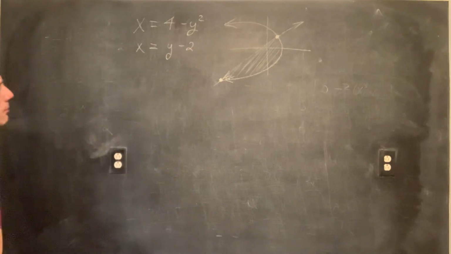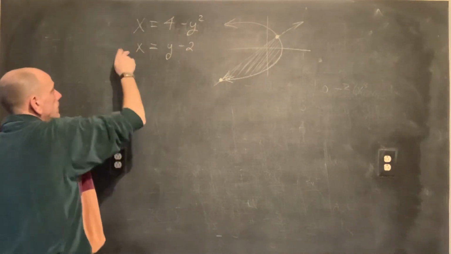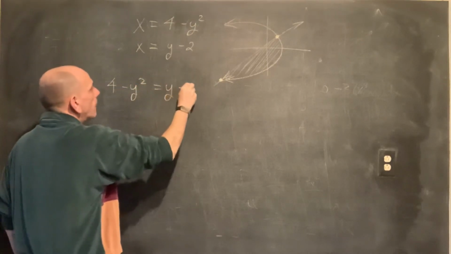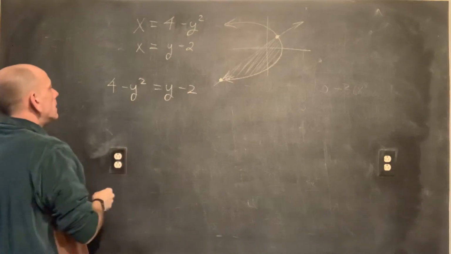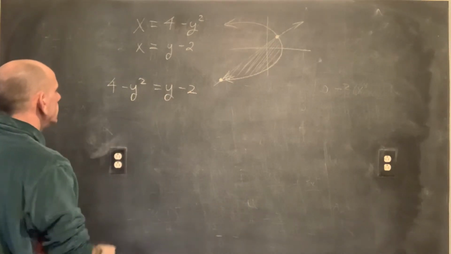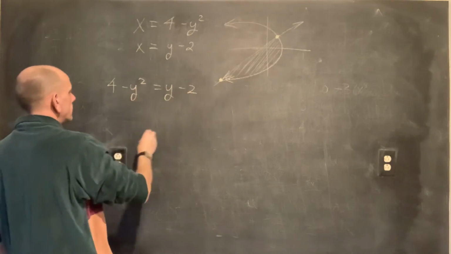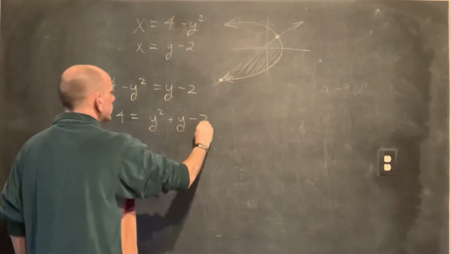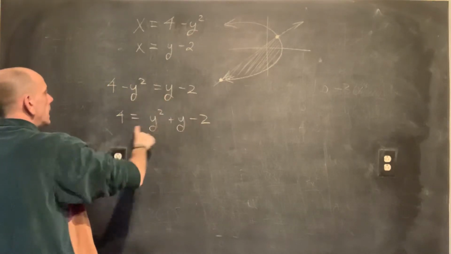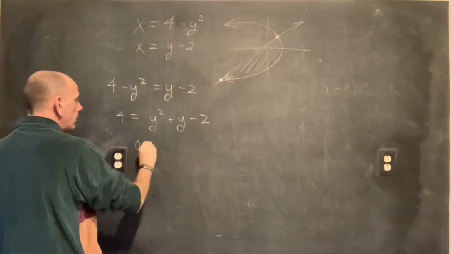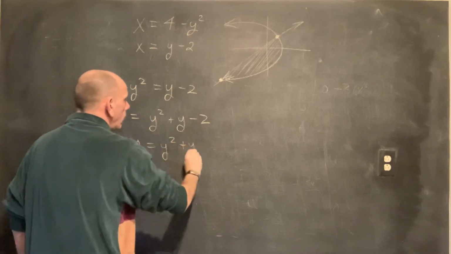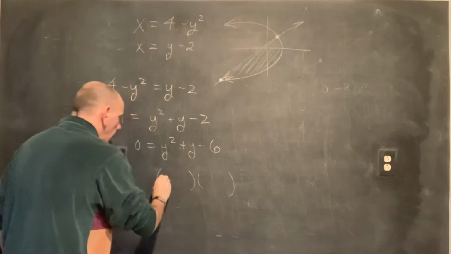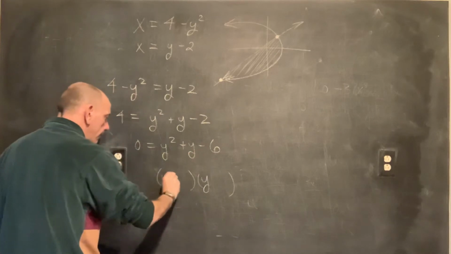All right. So I need to know what my bounds are. That means I'm just going to set these equal. So 4 minus y squared equal to y minus 2. Let's put this over this way. y squared plus y minus 2. And subtract that over. y squared plus y minus 6. That looks factorable. y and y, signs are different.